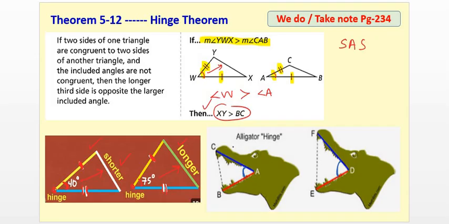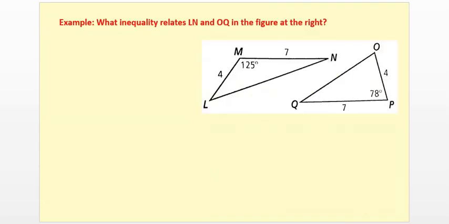If it opens its mouth more, that means this angle will be greater and it can grab a large piece of food. But if this angle is small, it can grab only a small piece of food. Clear?